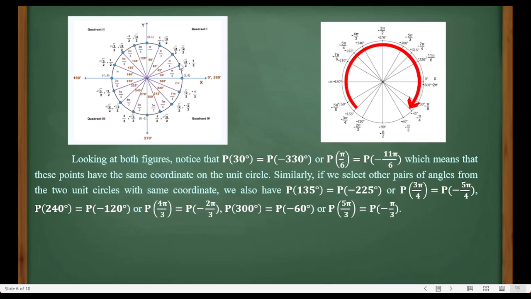So, at this terminal point, the coordinates are square root of 3 over 2 for x and 1/2 for y. Now, what about the negative 330-degree angle? Nasaan yun? Okay, let us locate this one right here.